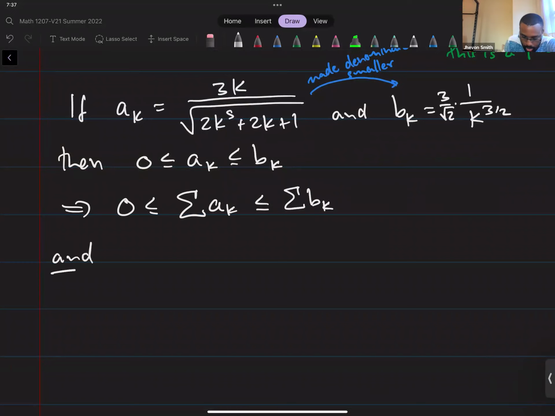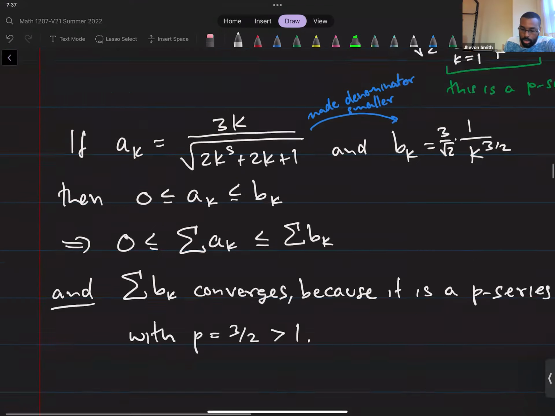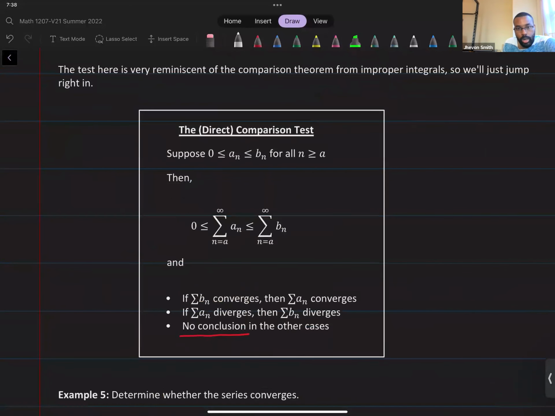And we know that the sum of b_k converges because it is a p-series with p equals 3 over 2, which I know is greater than 1. So we have this theorem, and we can apply it since I'm in the case where this is true.